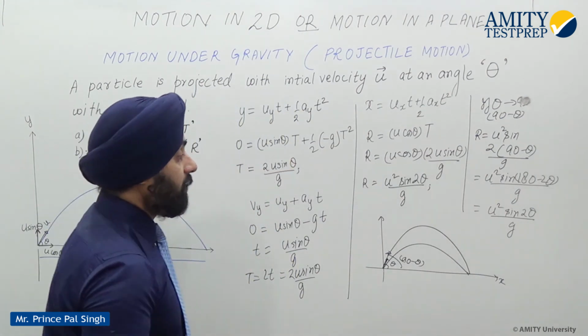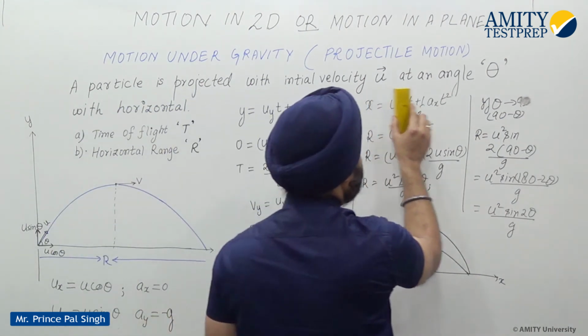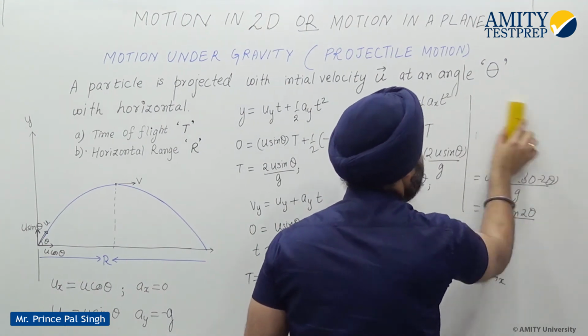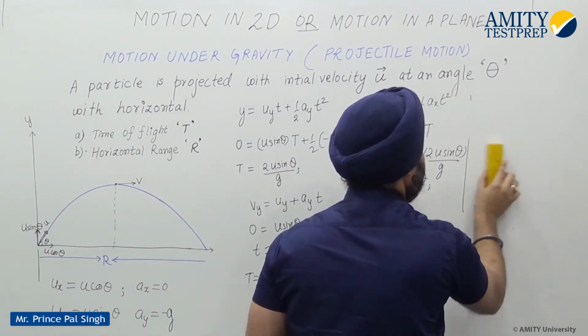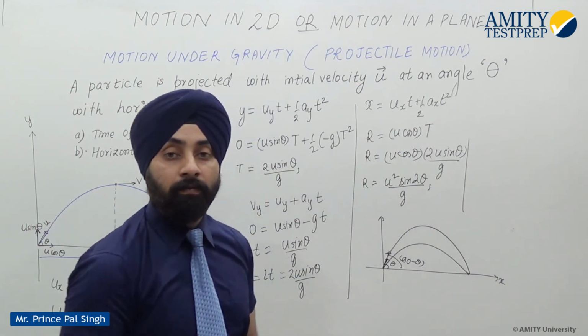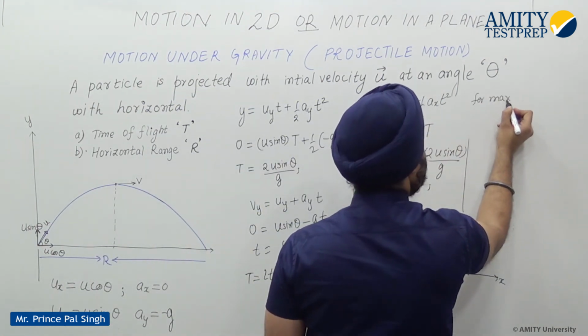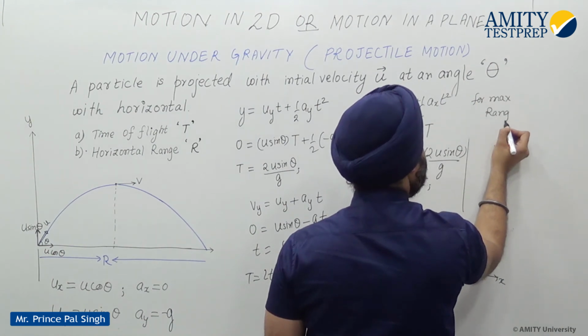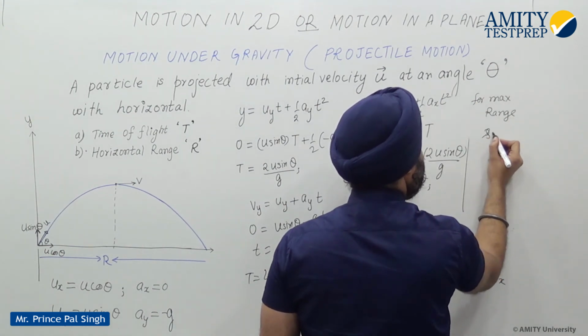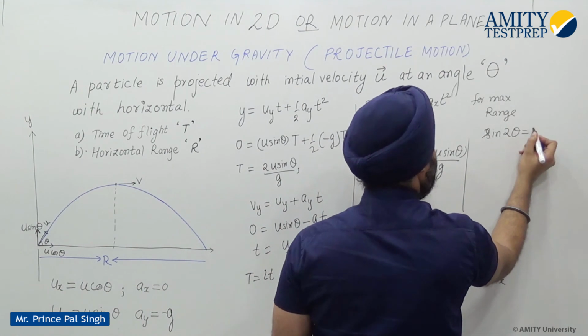Now let's see at what angle the range is maximum. For maximum range, sine 2 theta is equal to 1.